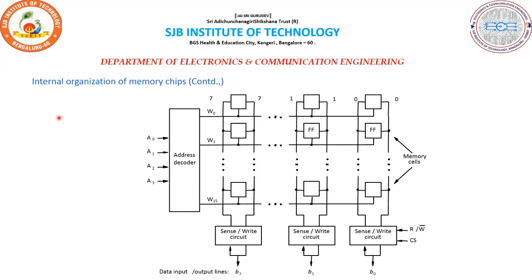This circuit can be organized as 128 memory locations into 8 bits, which requires 19 external connections. Alternatively, the same number of cells can be organized in a 1K into 1 format.